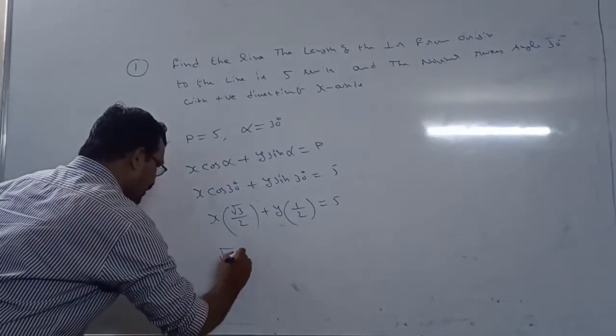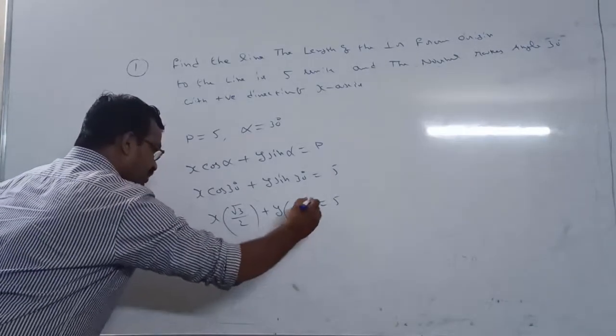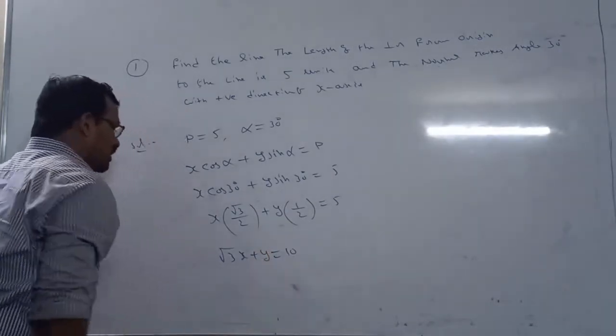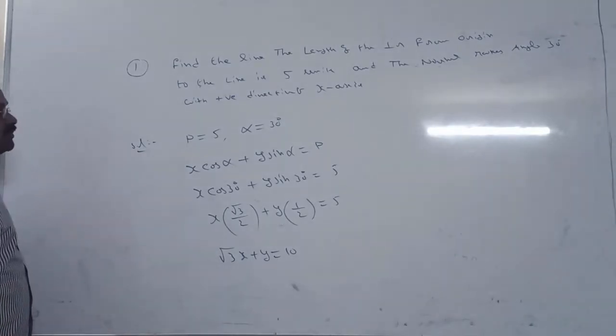Taking the LCM and cross multiplying, root 3x plus y equal to 10. This is the required equation.